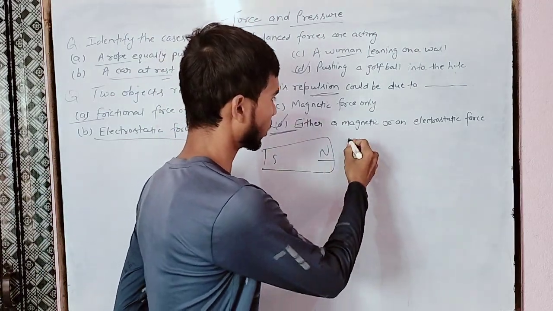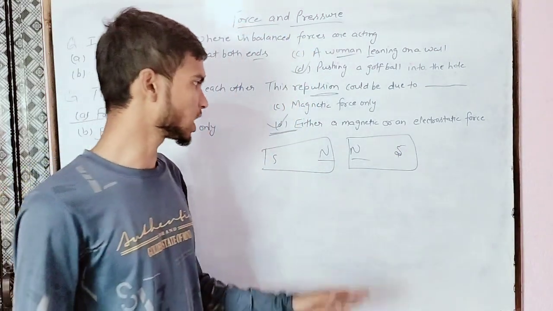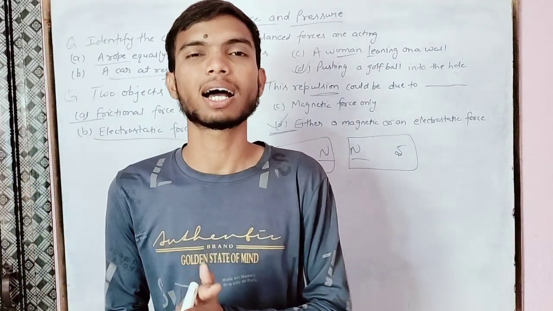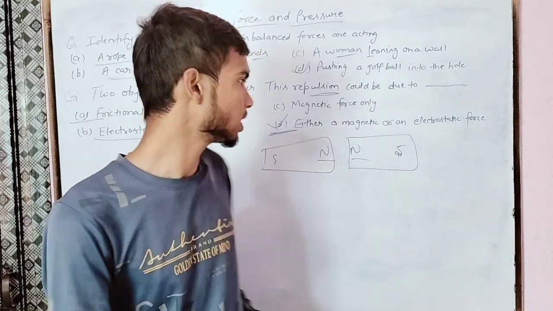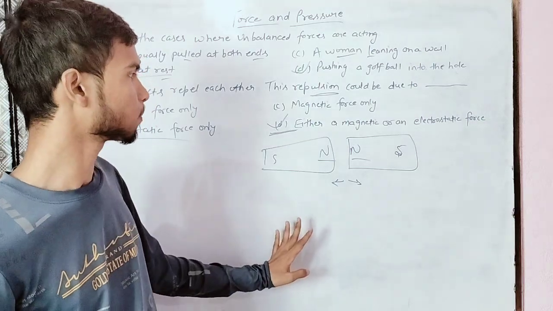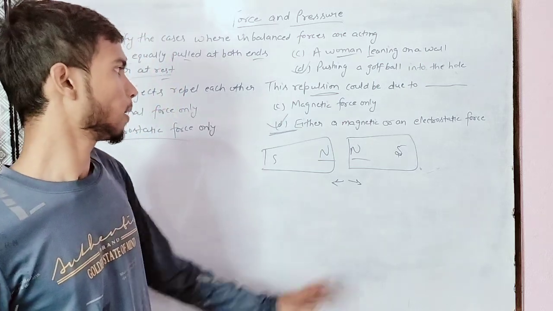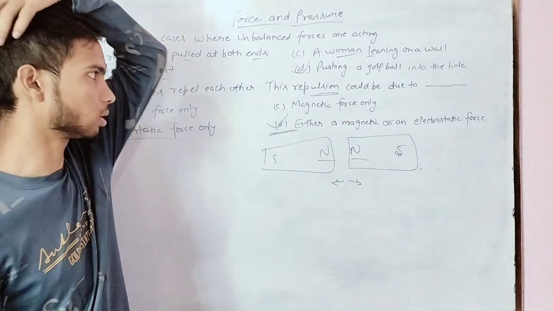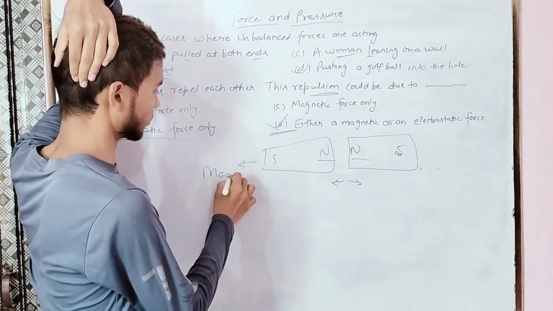This is one magnet, this is the second magnet. Now see carefully, the ends of both these magnets are N. So both are similar, that's why they will repel each other. So from here, are you clear that magnets will repel each other. So this was magnetic.